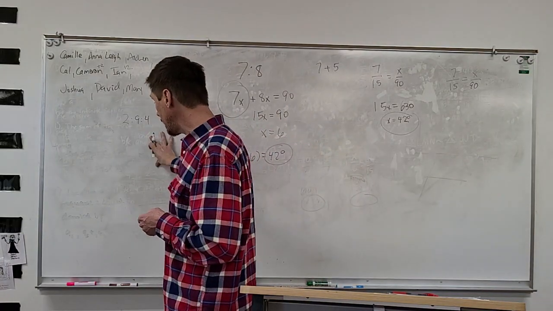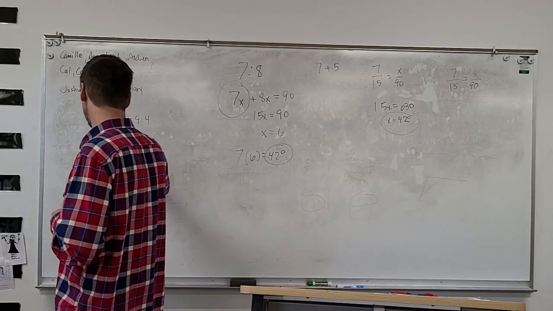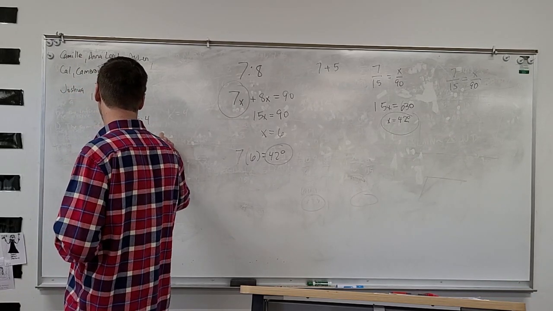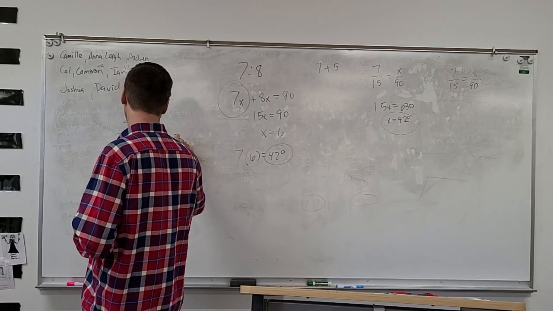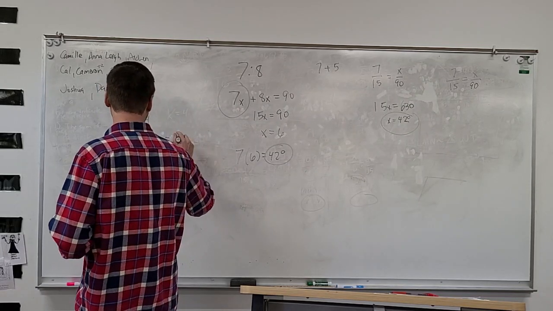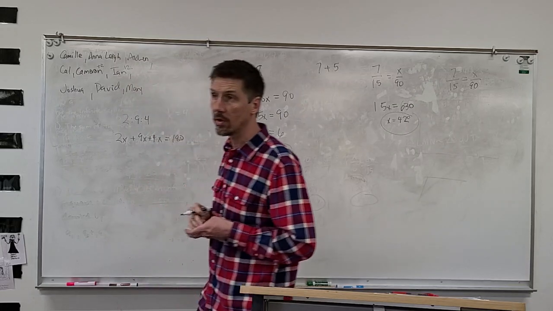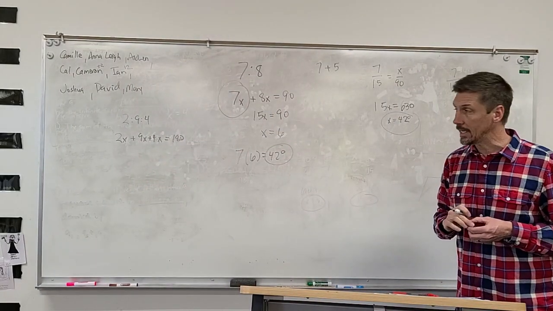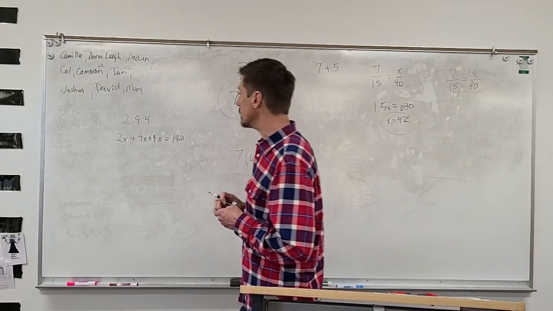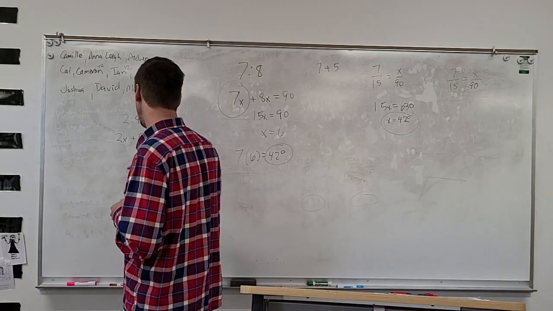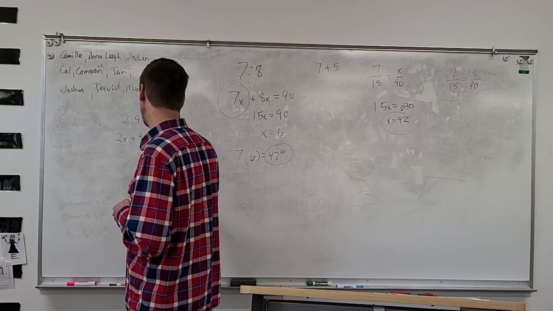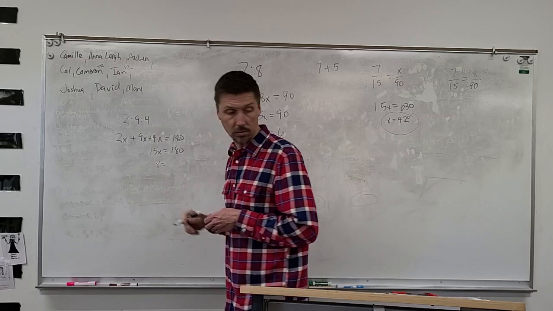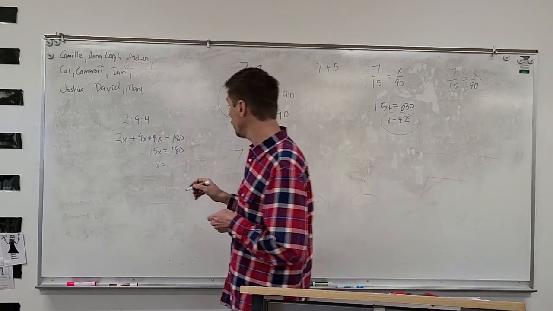For this one, I think it would be simpler to say that 2x plus 9x plus 4x equals, not 360, we're in a triangle, so equals 180. All of those added together has got to equal 180. So when we do the math, we've got 15x equals 180, and so x is equal to 12.